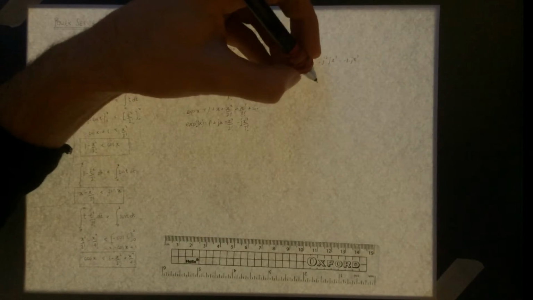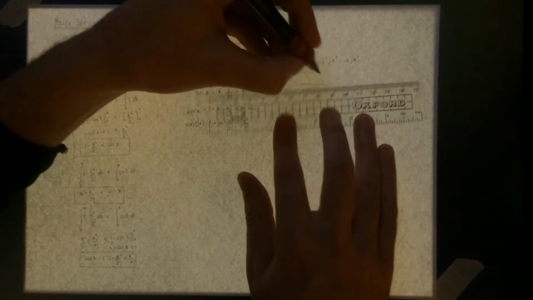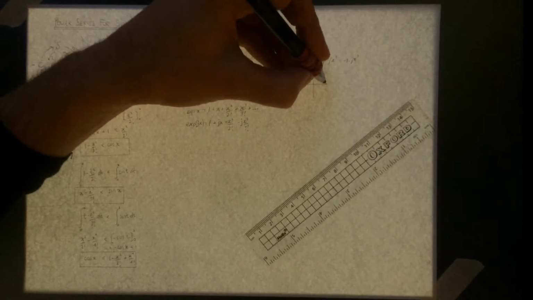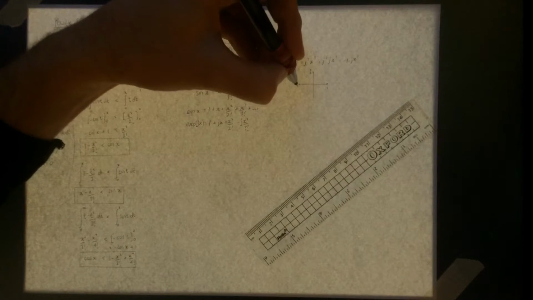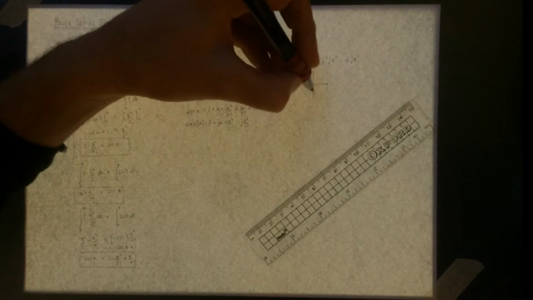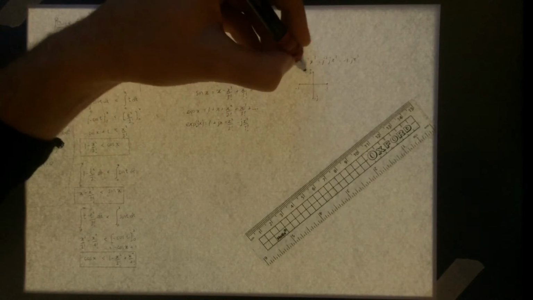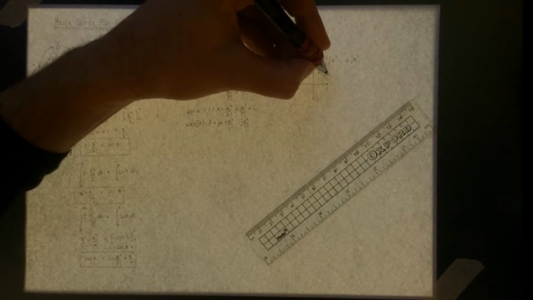Yeah? Start with one multiplied by j and we get j, multiplied by j again we get minus 1, multiplied by j again we get minus j, multiplied by j again and we get 1. So this is multiplying by j.